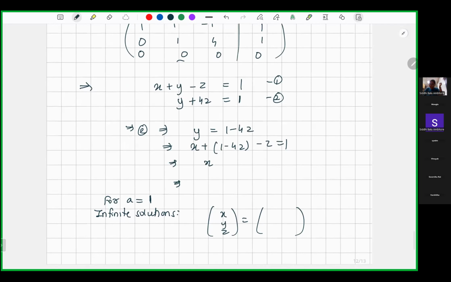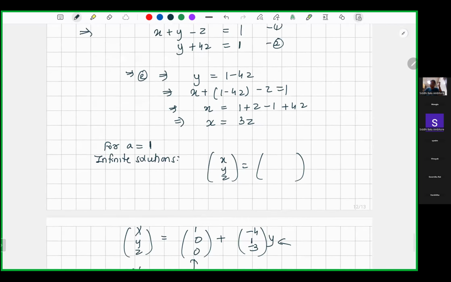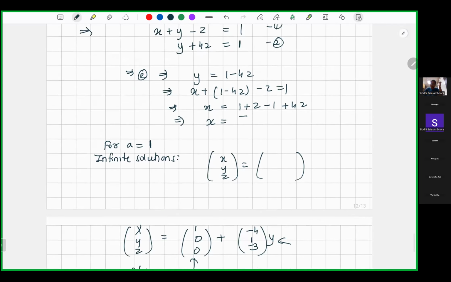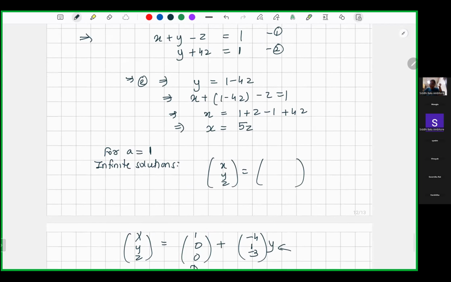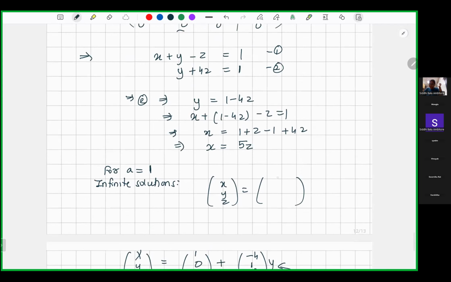Now it is x is equal to 1 plus z minus 1 plus 4z, and this is x is equal to, 1 is gone, 3z, 5z. Yeah, I hope now it is correct. So now my x is 5z, z is as it is, and y is 1 minus 4z.